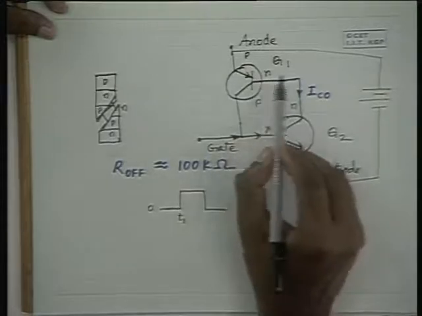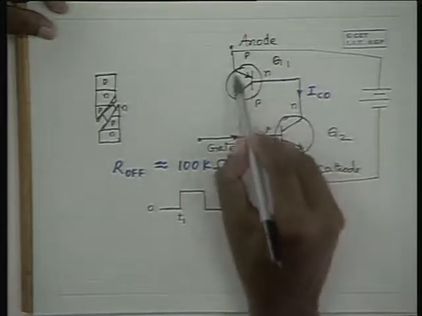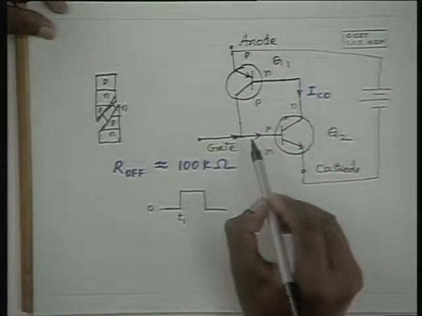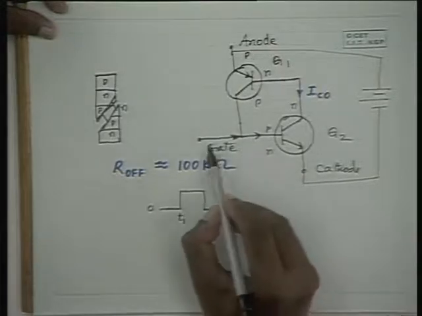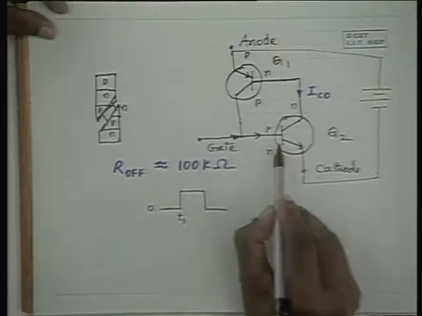forward biased, and since this current is coming now, the transistor is on, therefore a large amount of collector current flows, and this large amount of collector current now adds to this gate current which is supplied by this positive pulse.